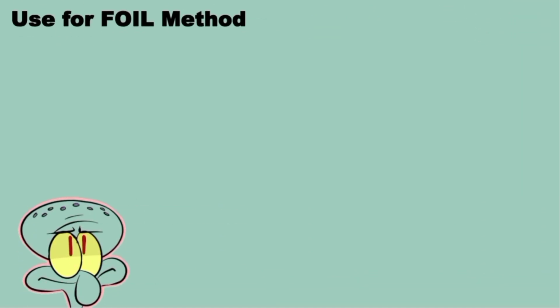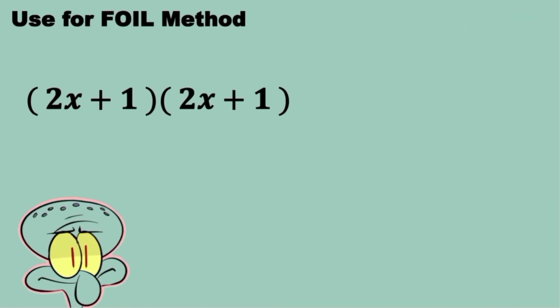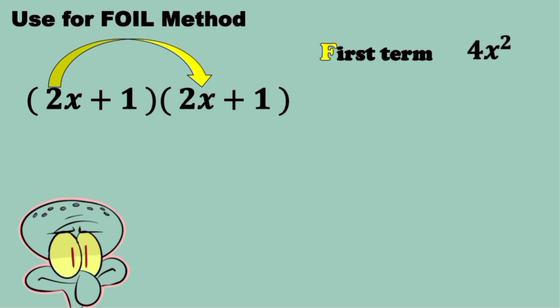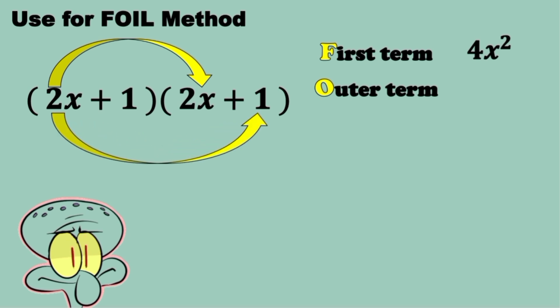Now let's use the FOIL method. 2x plus 1 multiplied by 2x plus 1. First, multiply the first term. 2x multiplied by 2x is equal to 4x squared. Now multiply the outer term. 2x multiplied by 1 is equal to 2x.